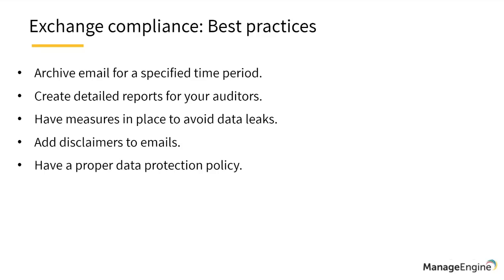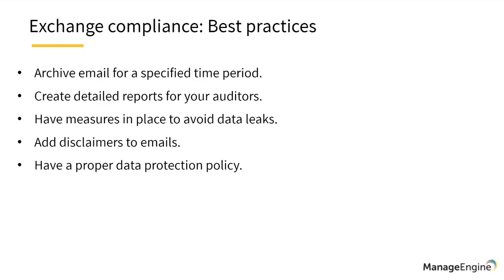And finally, the final best practice that I'm going to offer you is about data protection policies. Have a proper information security policy or a data protection policy in your organization, because this gives an idea about your organization's data classification framework.